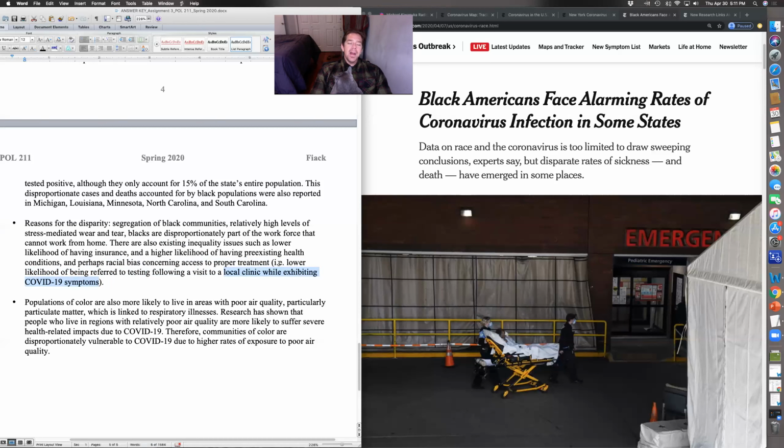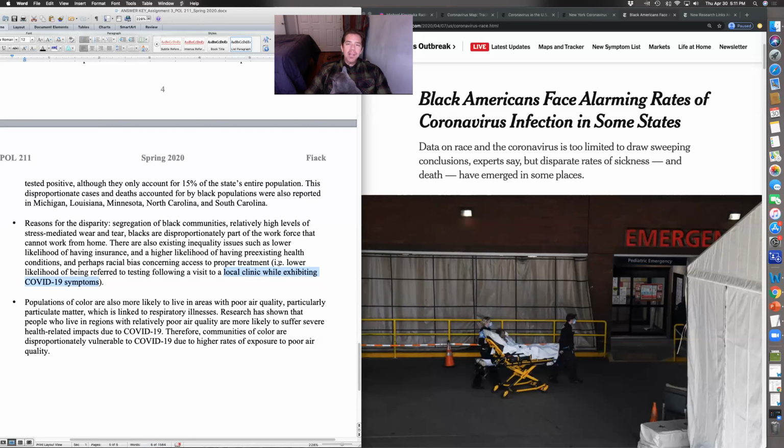Meaning that if a Black person goes to a clinic exhibiting symptoms, they have a lower likelihood of being referred to a formal testing service, and maybe getting proper care after testing positive.